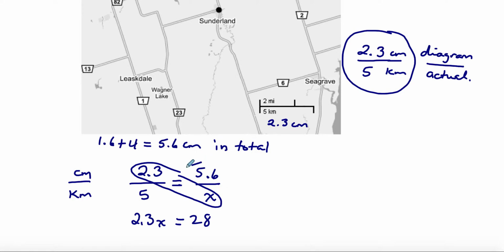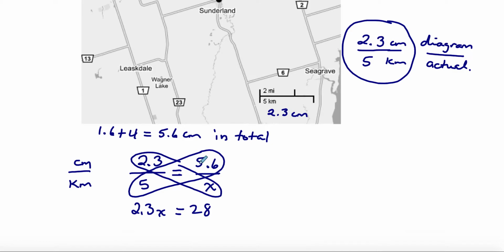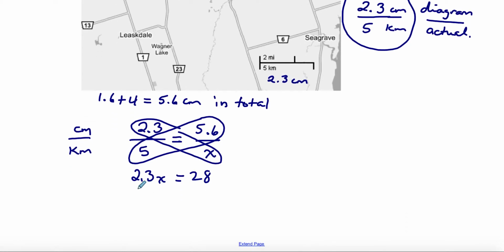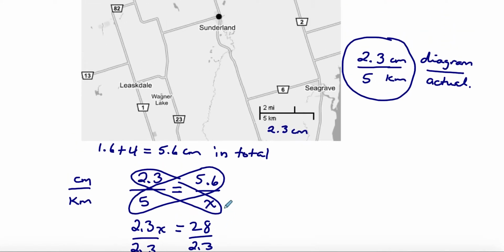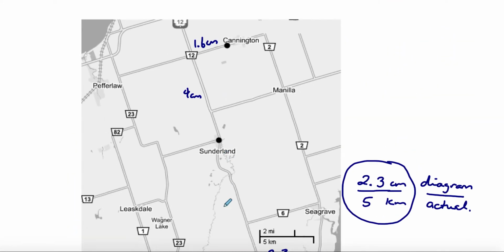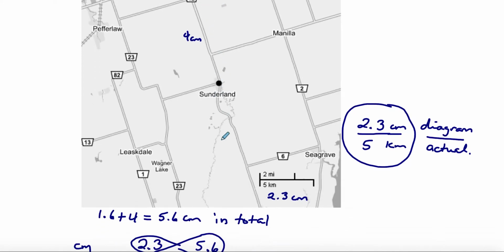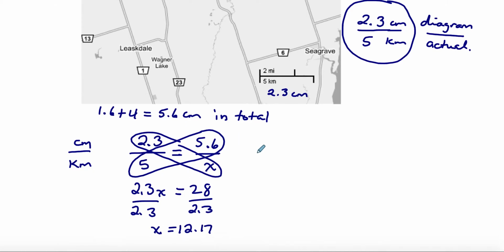A ratio is always a good way to figure out this unknown answer. I need to divide both sides by 2.3 because I want the X all by itself. So when I'm done, X is going to equal 12.17. What that means is, in real life, to drive from Cannington to Sunderland, it's about 12.17 kilometers.